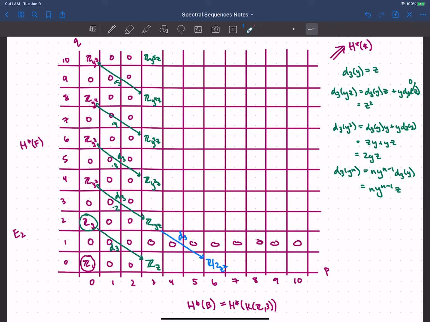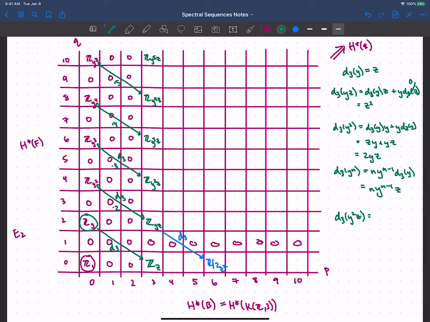Well, we just saw that it could support a D5 differential, so we'll have to see which one it turns out to be. And we'll figure that out by computing, well, let's say D3 of y squared z. Let's see if the Leibniz rule tells us anything. Okay, so the usual sort of thing happens here. Z is a cycle, right?